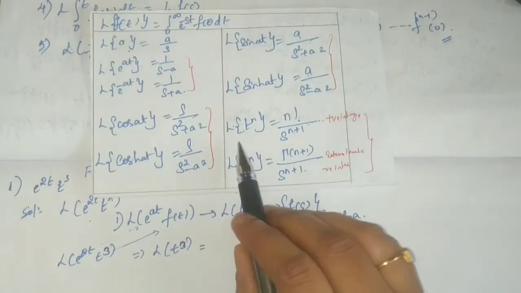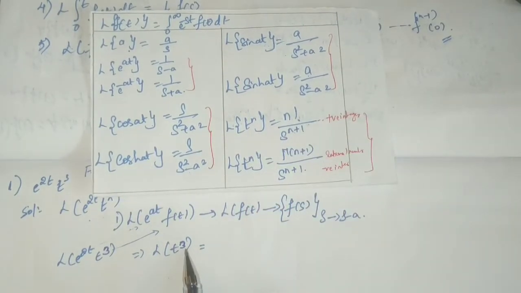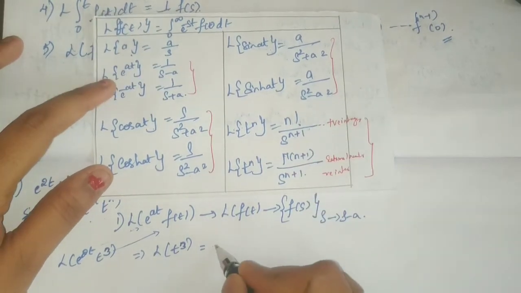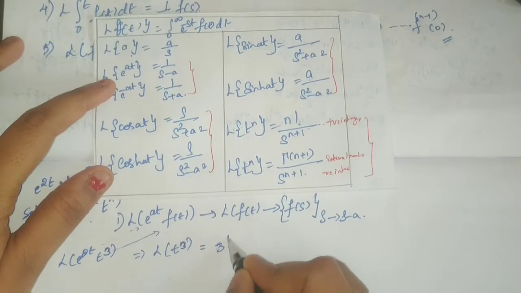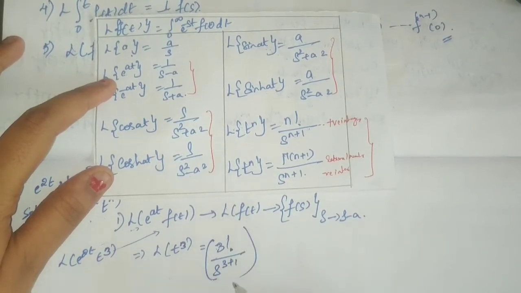You can remember the formula we have: Laplace transform of t power n, when n is positive, is n factorial by s power n plus 1. So I can write this as 3 factorial by s to the power 3 plus 1.